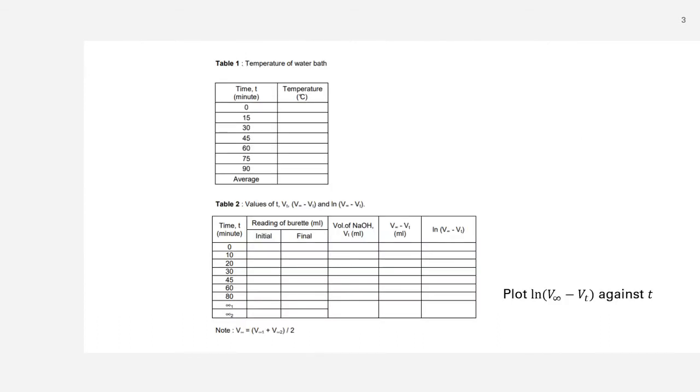You get this data sheet, which is given to you. Because you're doing the experiment in the water bath, as I said, please watch the video. One of the important things is to ensure that the temperature of the water bath is constant, so every 15 minutes you want to check that it's constant.